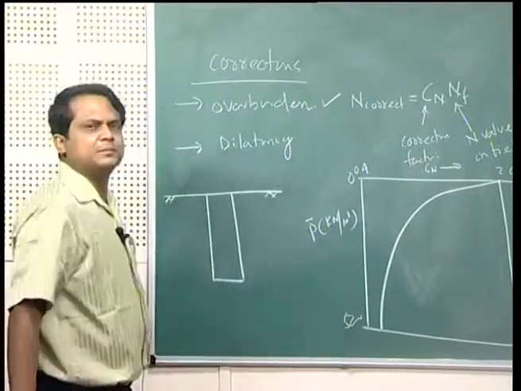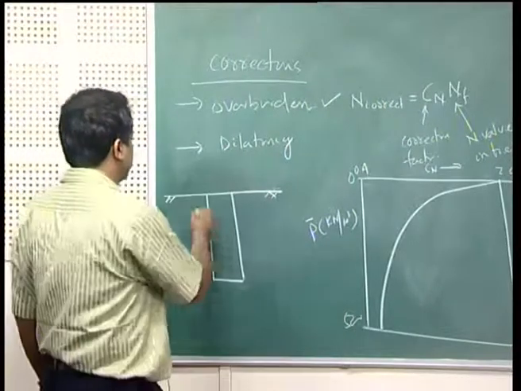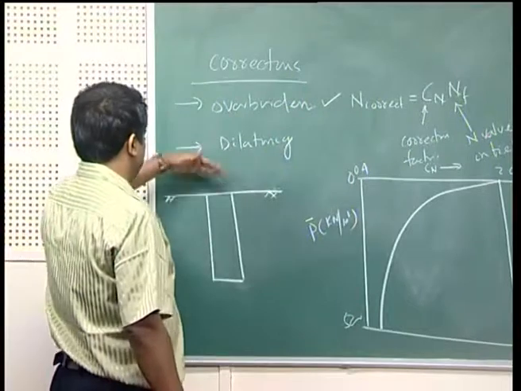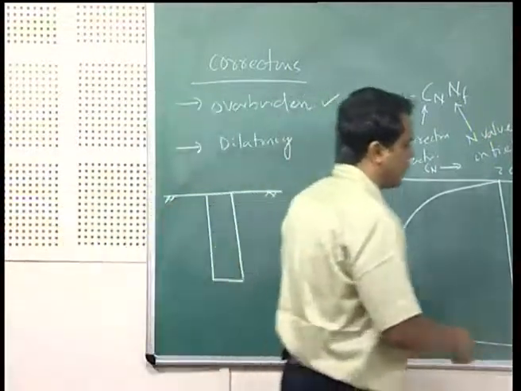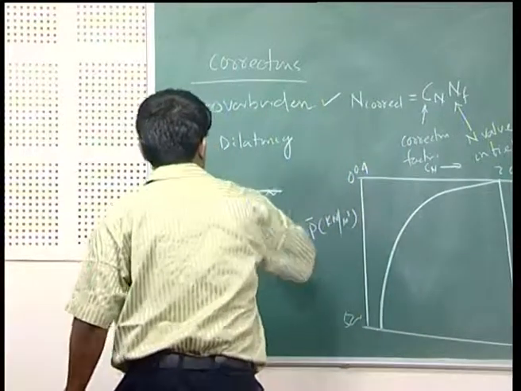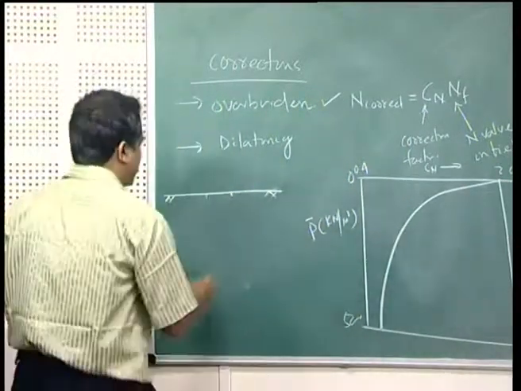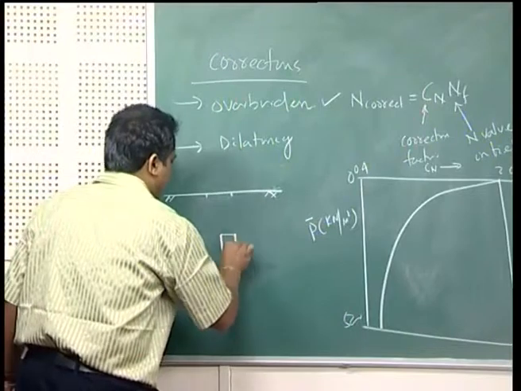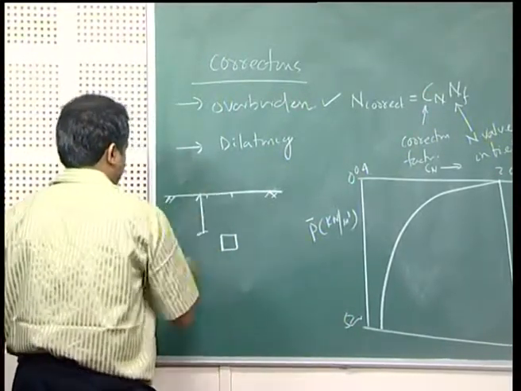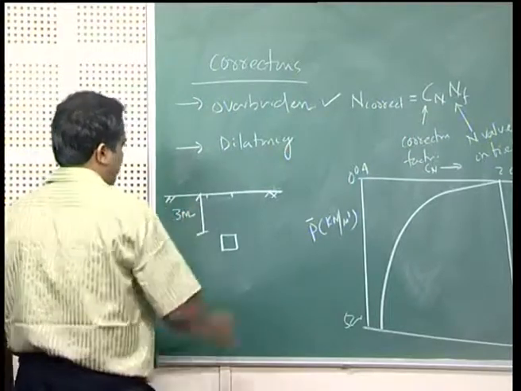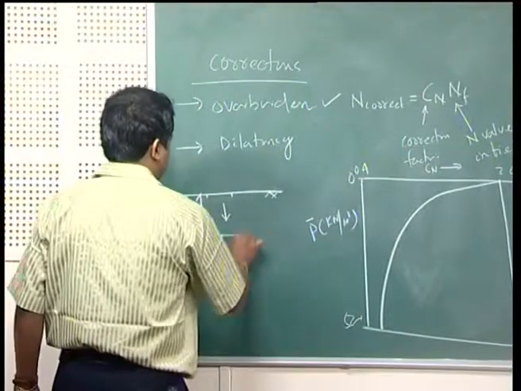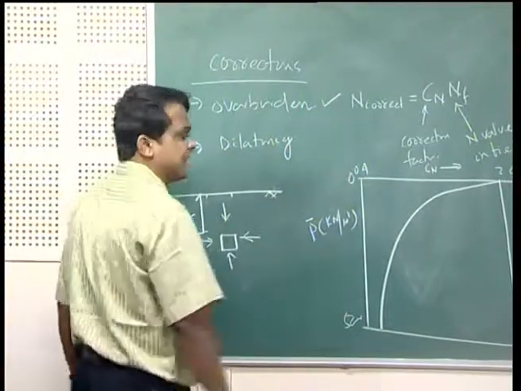Initially, before making the borehole, suppose soil at 3 meter depth has overburden pressure acting on it as well as lateral pressure.